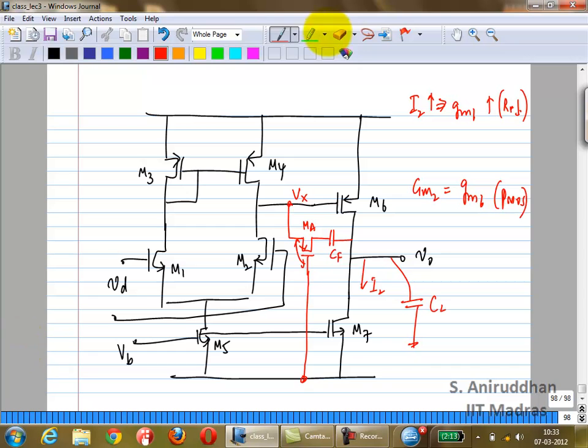Okay, so what you really need to do is generate some voltage VA which is going to change in such a way that it is going to cause this to happen. If Vx decreases in a certain manner, I2 increases. What happens to GM6?